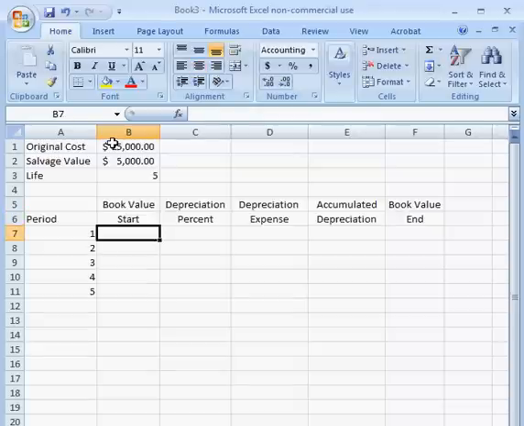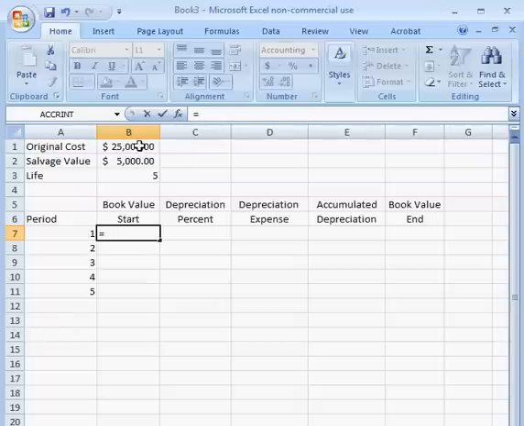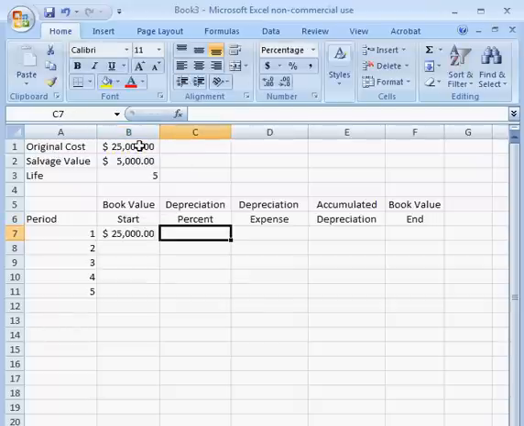The book value at the start of the first year is the original cost of the asset, which is $25,000. And for the double declining depreciation method, the depreciation percent that you want to use is a certain formula. So let's do this together.